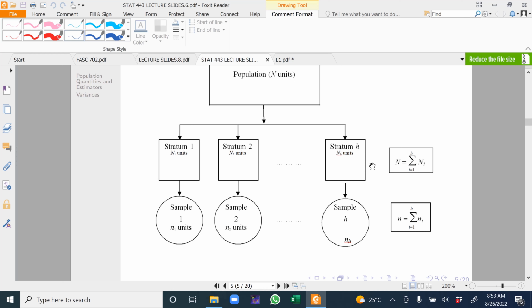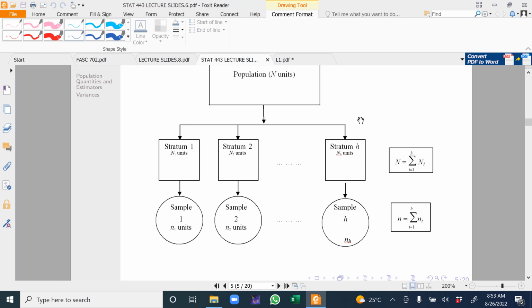Supposing that you have H strata, these H strata are going to be distinct in terms of characteristic. The strata are homogeneous within but heterogeneous between. By heterogeneous here, I mean that stratum 1 and stratum 10 are totally different, stratum 2 and stratum 3 totally different, and so forth.